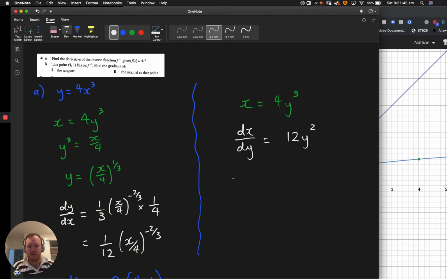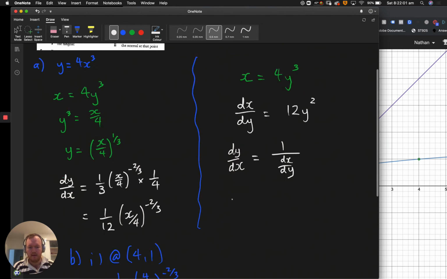Now we're using the result that dy/dx, because that's what we're actually after, the derivative of the inverse in terms of x, is equal to 1 over dx/dy. So the derivative of our inverse in terms of x is going to be 1 over 12y squared.